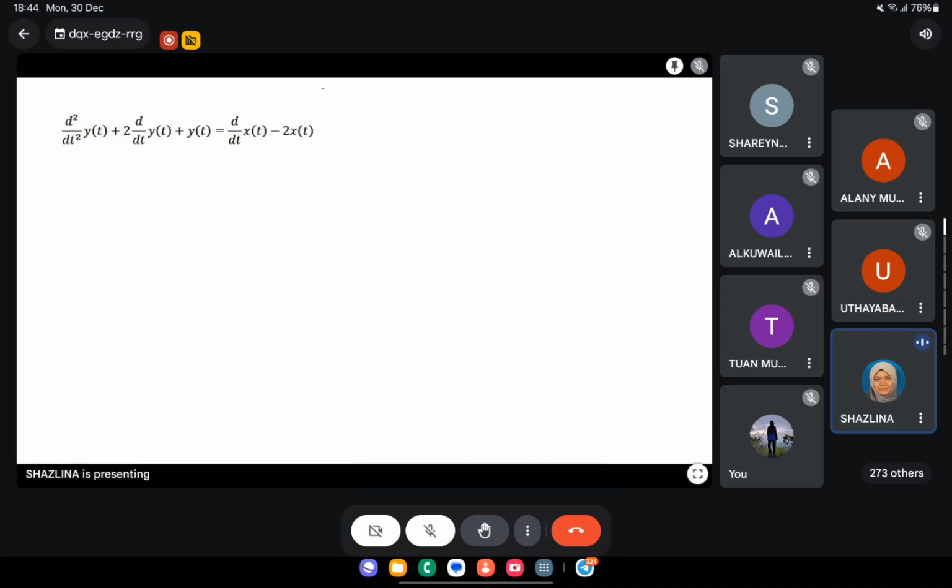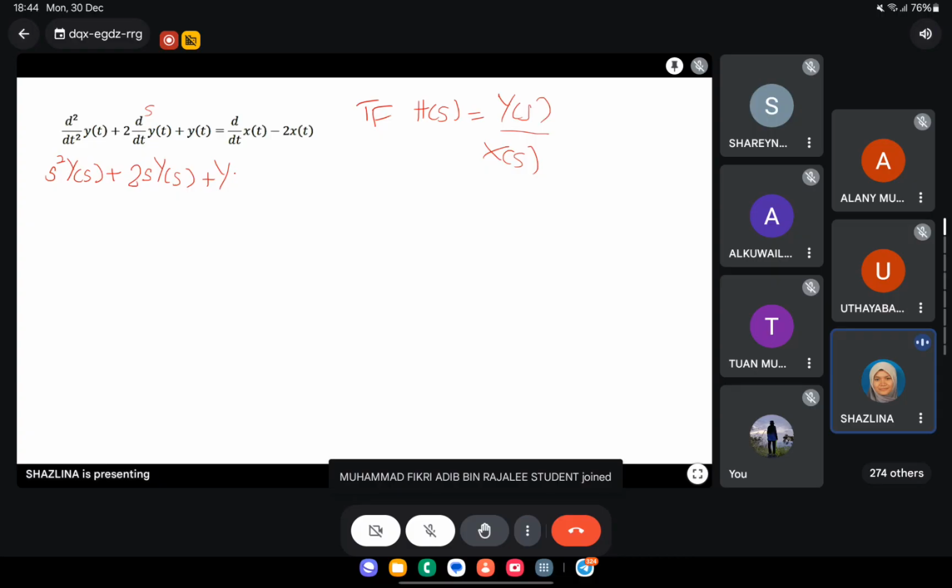Okay, so you have to find the transfer function, TF, H(s), which is Y over X. So d square over dt square meaning it's s square. y(t) becomes Y(s), plus 2 d over dt is s, so sY(s), plus y(t) becomes Y(s), equals d over dt is s X(s), minus 2x(t) becomes X(s).